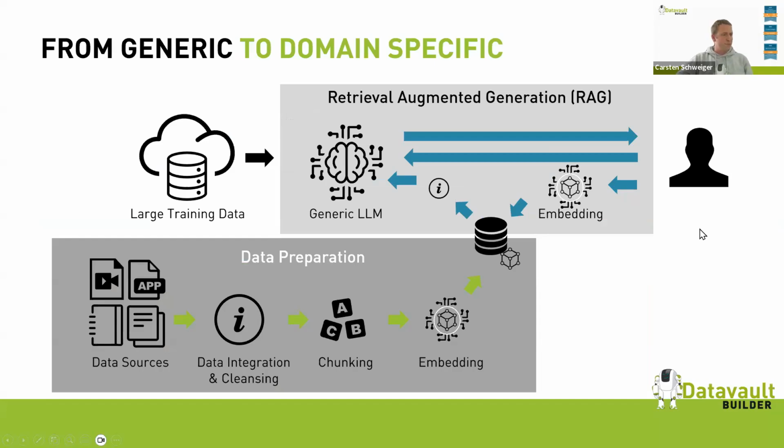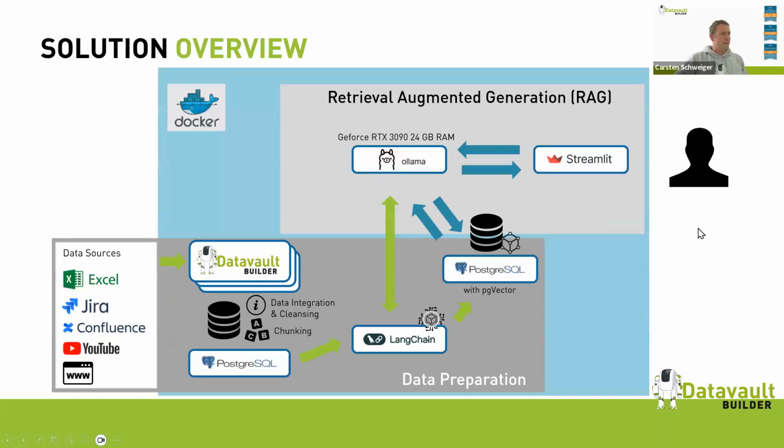So we have these 2 processes, but what is the technical architecture behind that? For us, it was important to have a Docker-based solution, actually, because Data Vault Builder itself is Docker-based. The advantage is you can deploy it on any Docker host. It could be on-premise, on your own Linux server. It could be in any cloud. You can easily change the cloud provider and move it from one place to another.